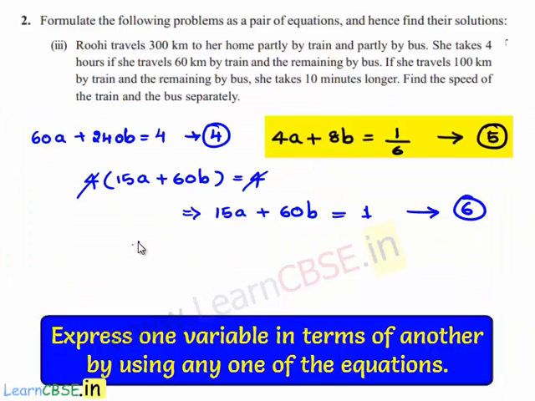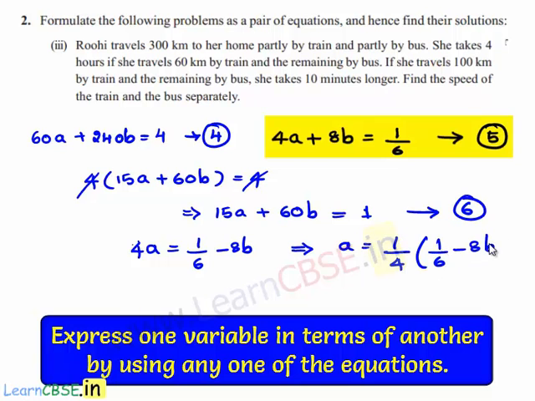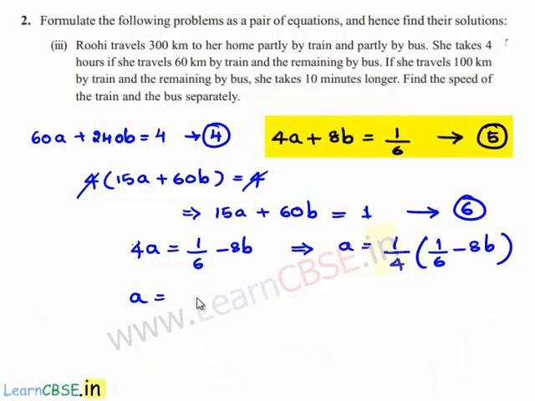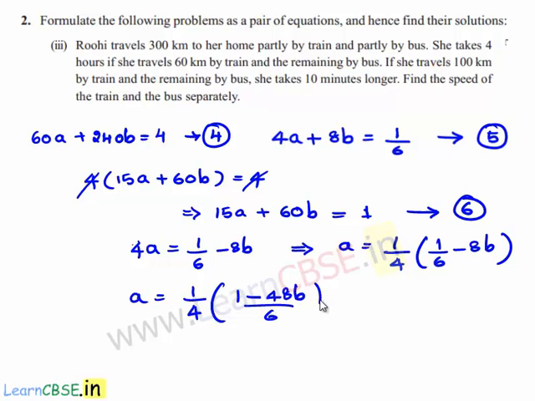So the fifth equation can be written as 4a is equal to 1 by 6 minus 8b, and a is equal to 1 by 4 times of 1 by 6 minus 8b. So a can be written as 1 by 4 times of (1 minus 6 8s 48b) divided by 6, which is nothing but (1 minus 48b) divided by 24.